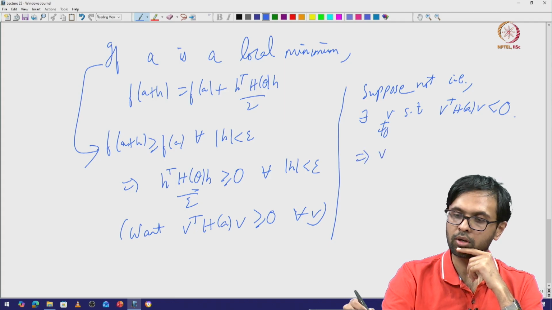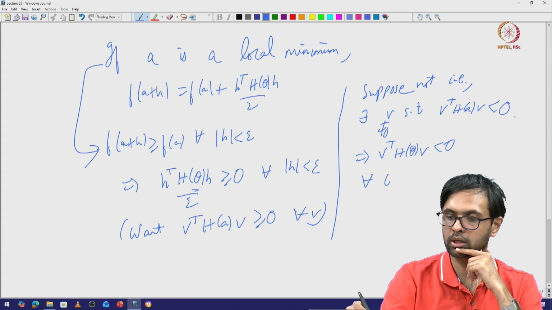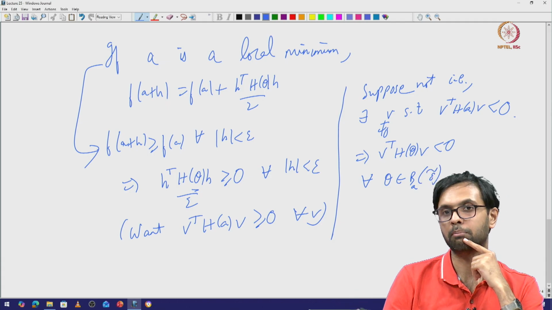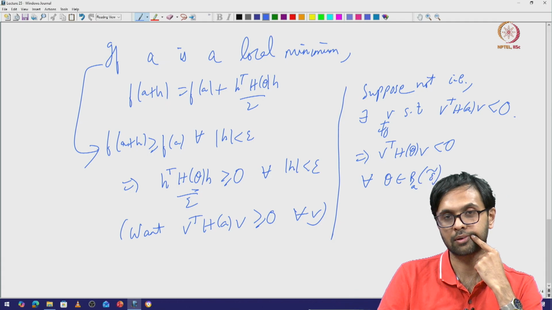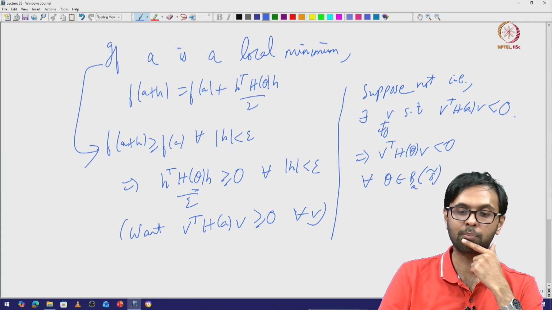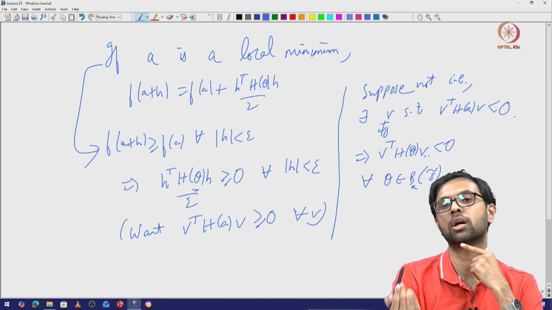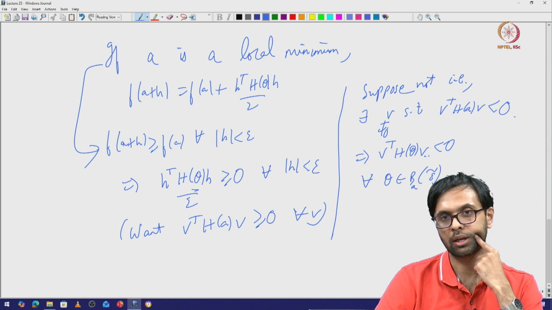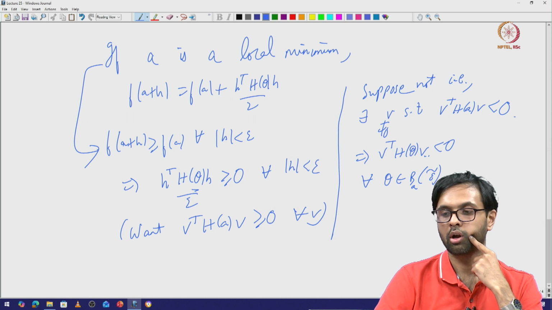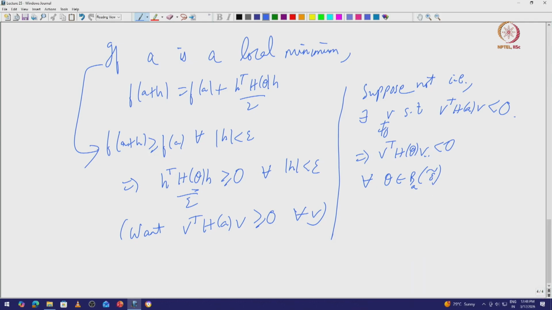That means v transpose h of theta v is negative for all theta in some epsilon tilde ball of A by continuity of the Hessian, right? But that's a problem, because if this is the case, that means f of A plus v is strictly less than f of A, for some v. Right? So this is the problem.